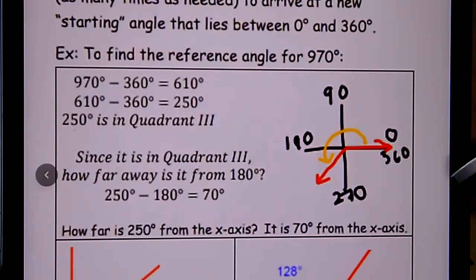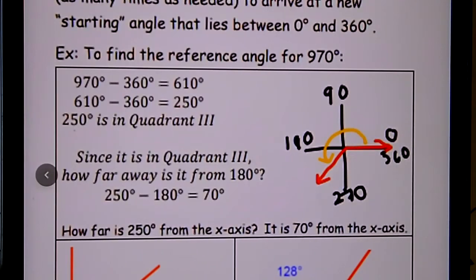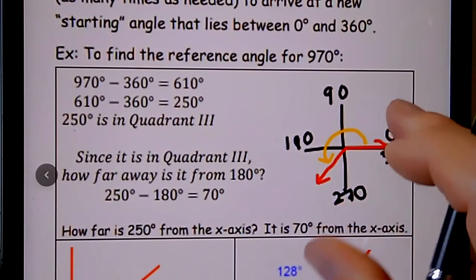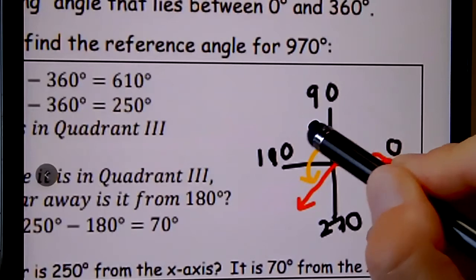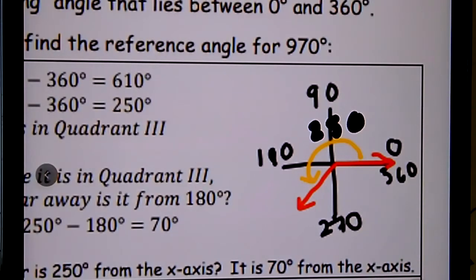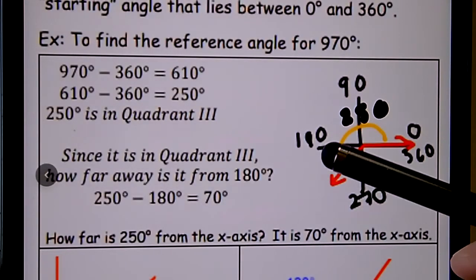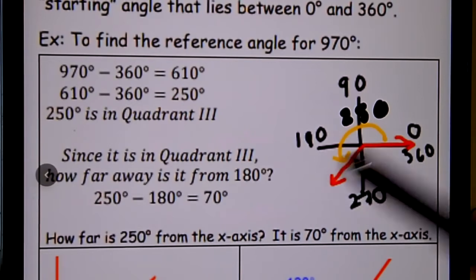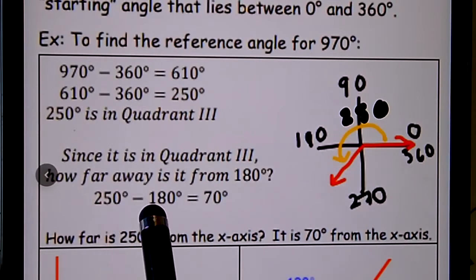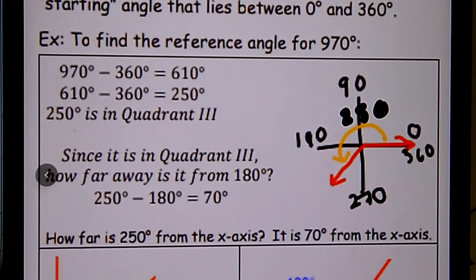So over here, let's say that this is 250 degrees, that I went 250 degrees this direction. Then how far off is 250 from this 180? So I'm going to take 250 minus 180 and see that I was 70 off. So this right here, let me just get a different color.